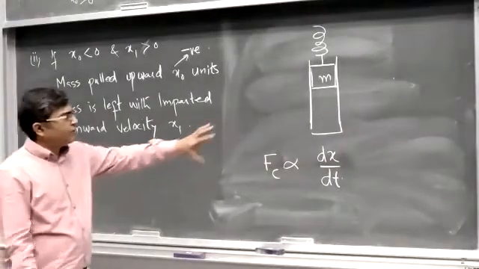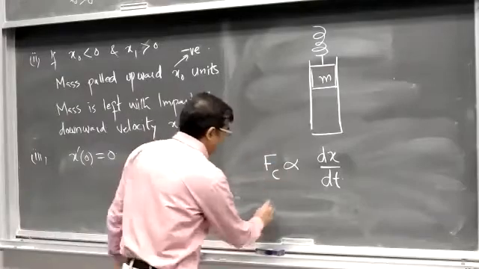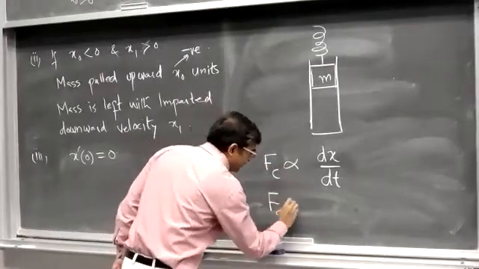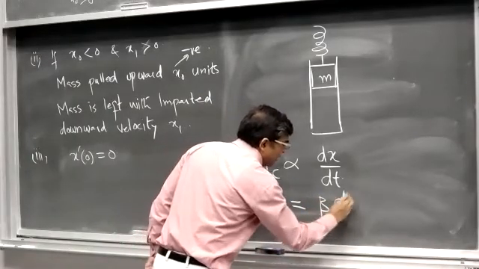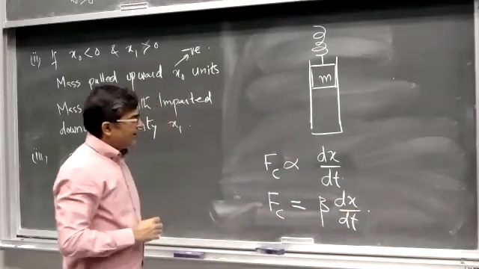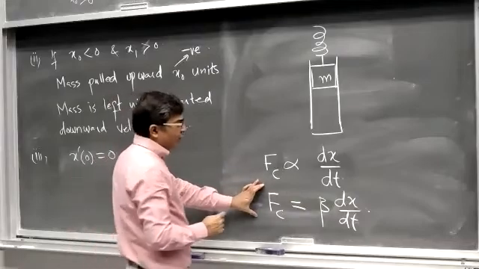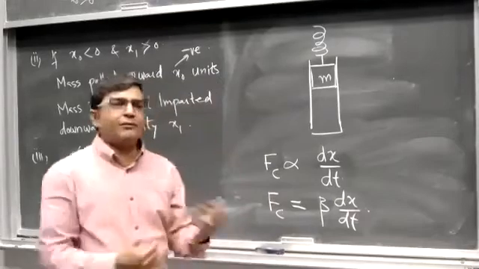All these damping forces are basically proportional to the velocity of the mass, and if we remove this sign of proportionality, we can put a constant beta dx by dt. Then this beta is a constant of proportionality, and all these forces are against the motion of the mass.